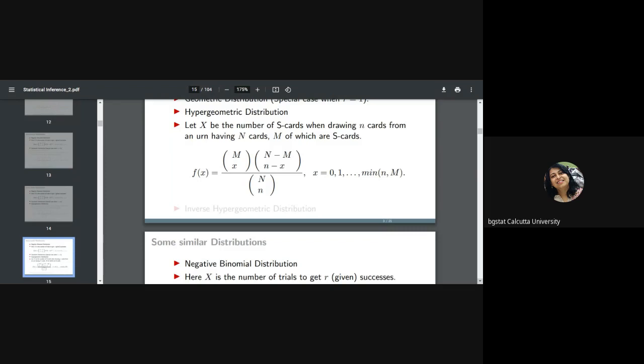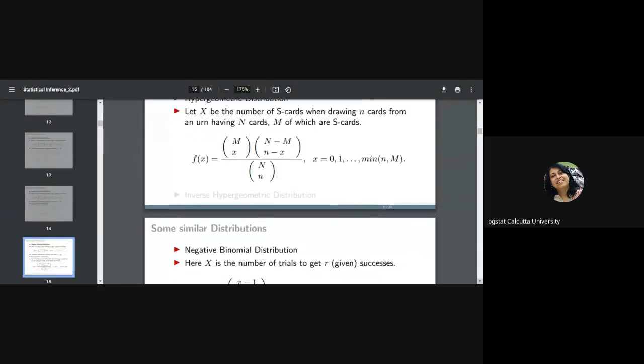So each draw from the urn can either result in a card of type N or a card of type S. So you can generalize this to assume that each repetition of the experiment can either result in a success or a failure. The difference with the binomial distribution is that the population from which you are drawing is finite.